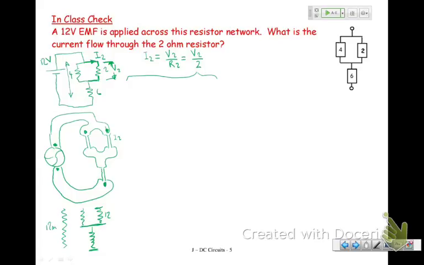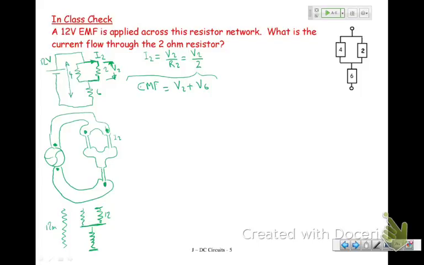Cool. But now you do raise an issue here. I know that my total EMF, my total voltage produced, is equal to the voltage drop across the top component, which is the 2, added to the voltage drop across the bottom component, which is the 6. So I know that. That's interesting.